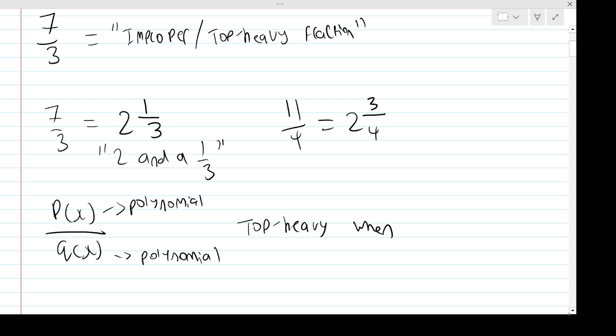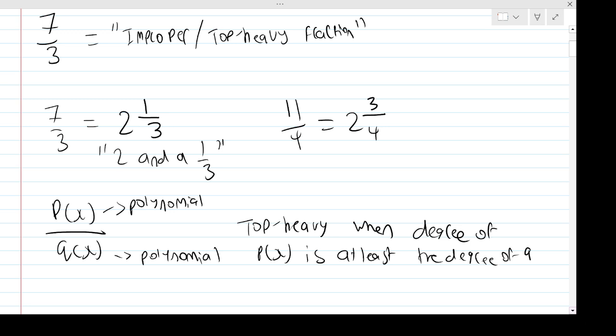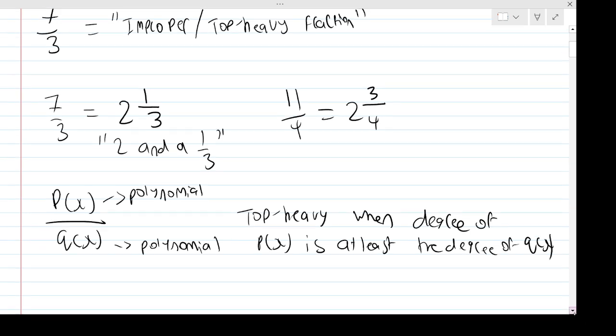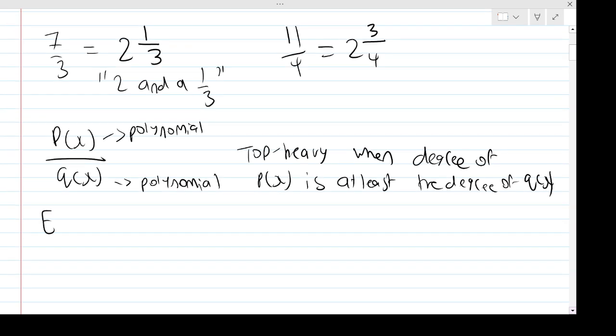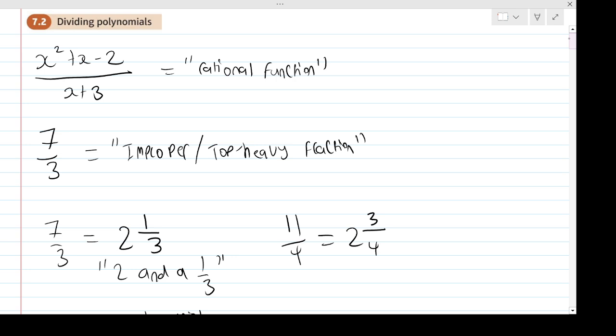Well, it means that the degree of the polynomial, so the degree of p of x, the top polynomial, is at least the degree of q of x, the bottom one. Okay, so as a brief example, let's have a look at this example we did at the start right here.